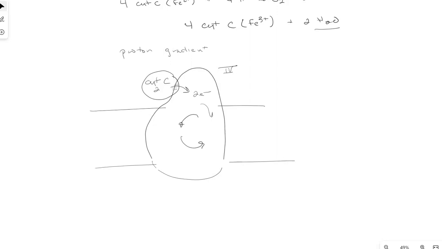And then when we get to our final cytochrome A3, which includes the copper, there's a final transfer where our half equivalent of molecular oxygen plus 2 protons gets converted to water by picking up these electrons at this particular step.